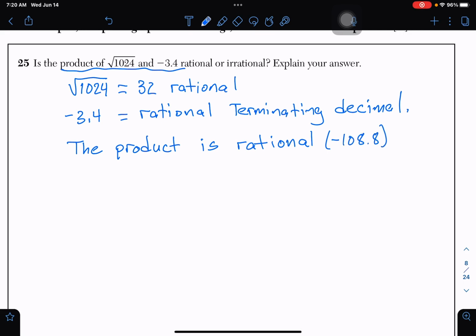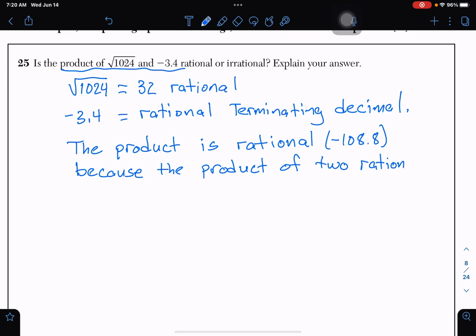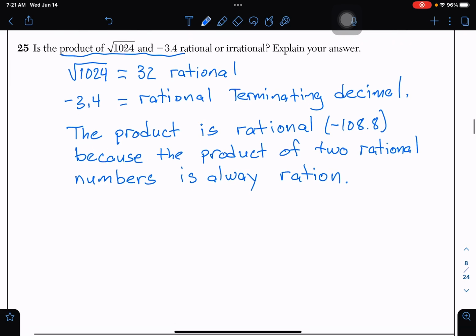The product is rational because the product of two rational numbers is always rational. Okay, and that'll get you 2 points.